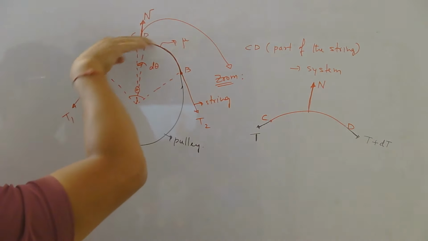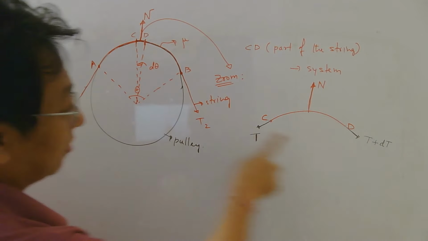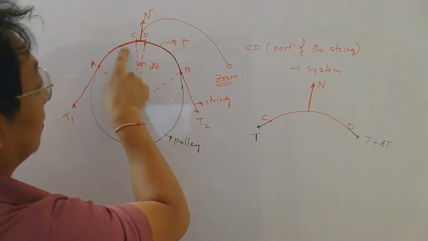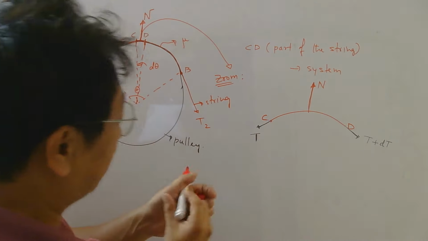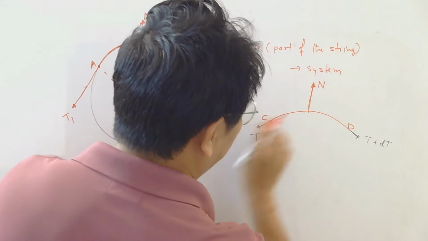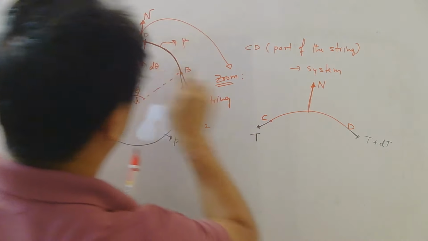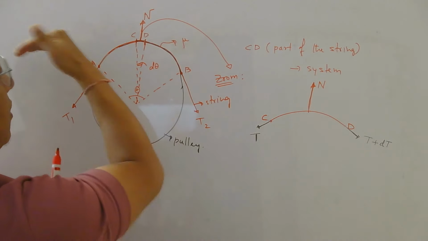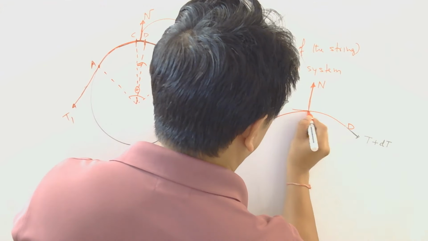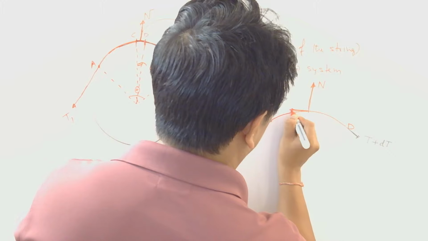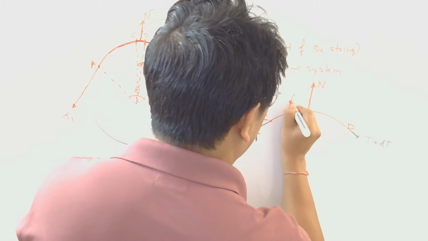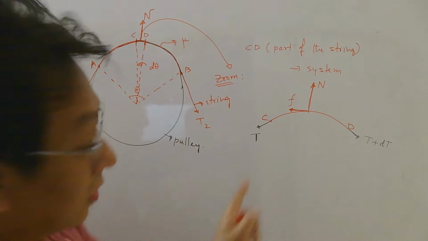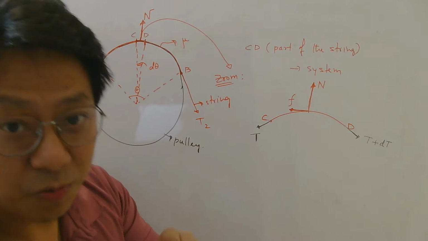This rope would slide this way if tension here was more than here. Isn't it? So to oppose that, friction should be opposite to this tendency. So this small part is trying to go this way, right? So friction will be this way. So this is your static friction, which will try to keep this part at rest with respect to the pulley.